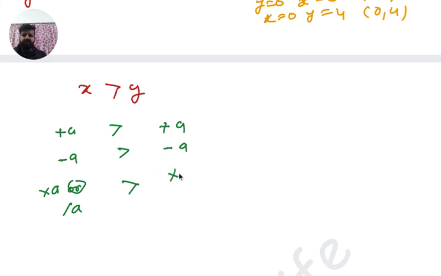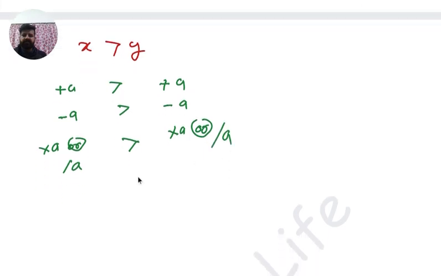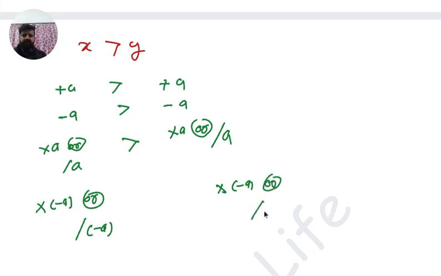You have to multiply or divide on both sides. Now listen carefully, look at this point. If I multiply by minus a or divide by minus a, and on the other side we do the same thing, multiply by minus a or divide by minus a, look at here, the sign will change.